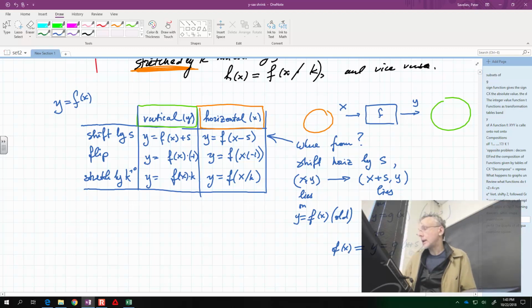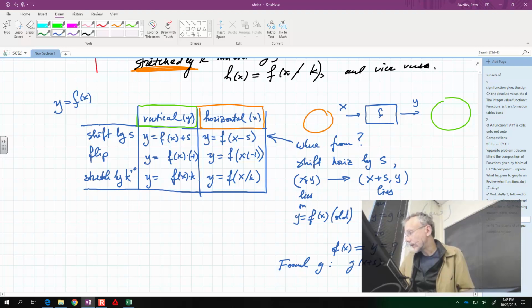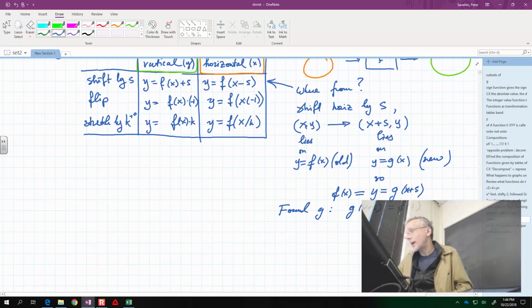So then it seems that we have found g of x plus s is equal to f of x. But that's not good because the formula is just so awkward. The independent variable is some kind of expression there. I want to have an actual variable there. So I need to do some algebra.